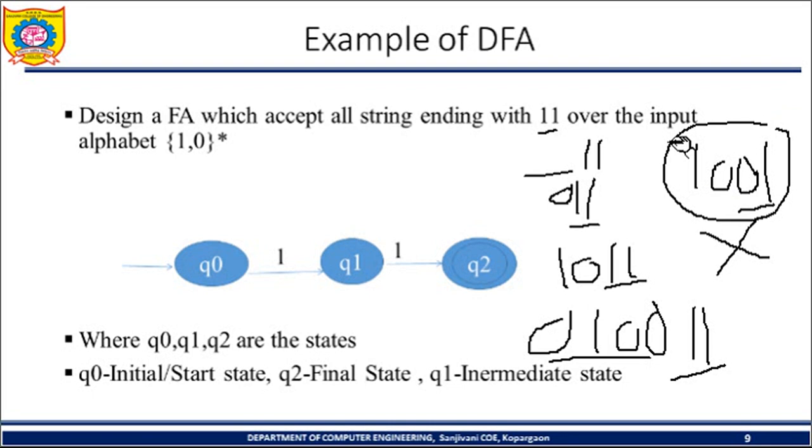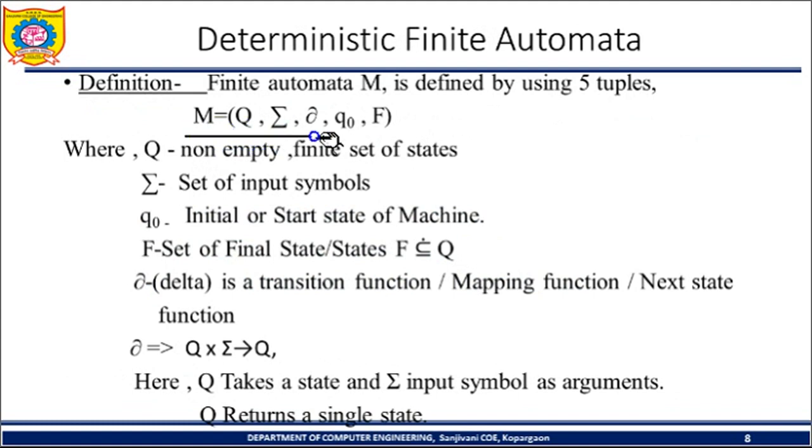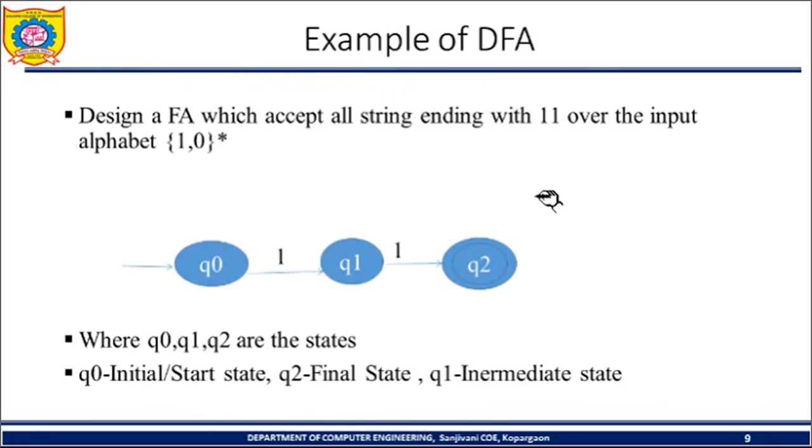Now how to design the DFA? For this, the first step is to find all these 5 tuples: capital Q, input alphabet, delta, Q0 and F. So how to decide capital Q? Capital Q means how many states are required to design the DFA for the given language or problem.